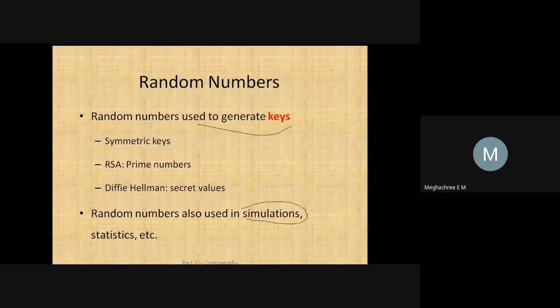Wherever you are using simulation, there we need values to try, right? We need to see the output for different trials for a particular approach. Then random values are required. This is one of the applications, as well as in statistics.